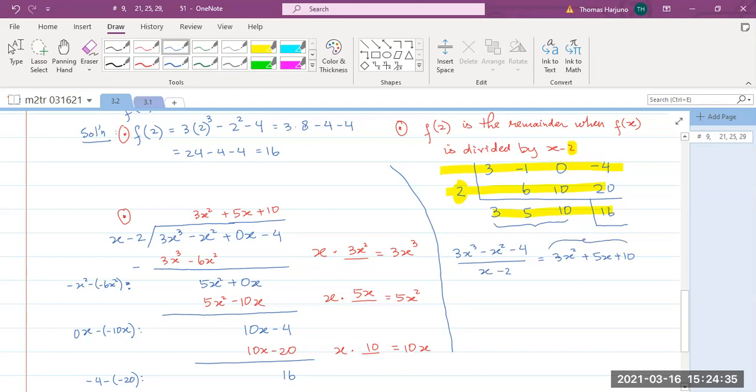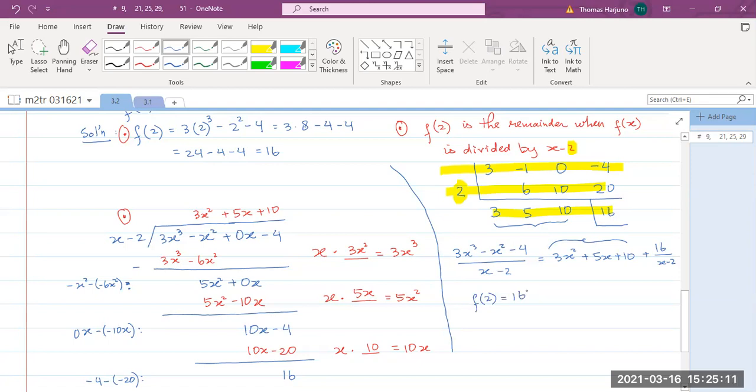The degree of that first number 3 is degree 2, which is 1 degree less than the degree of the polynomial you divide. Degree 3 becomes degree 2, plus 16 over x minus 2. That's the quotient. But according to the remainder theorem, f(2) equals that 16.